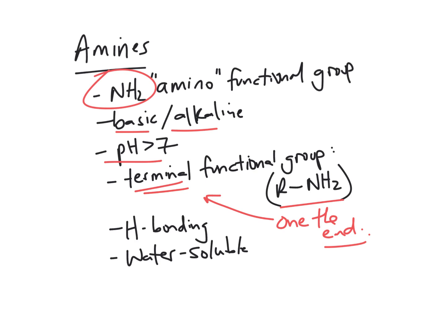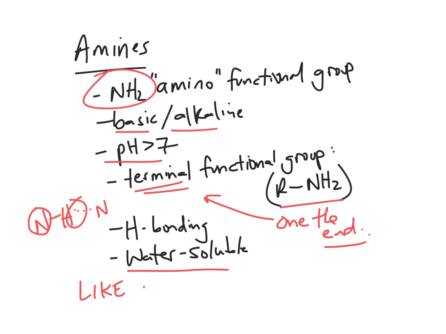They also contain hydrogen bonding capability because they have an N bonded to an H, and as you probably remember, N, O, or F bonded to H means that it can make a hydrogen bond to the neighboring N, O, or F of a neighboring molecule. This also means that they're water soluble, okay? Because remember, like dissolves like.